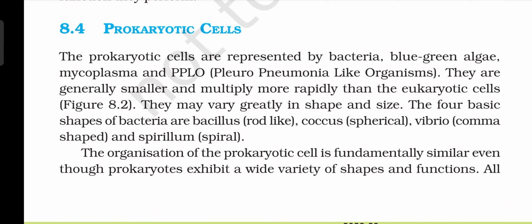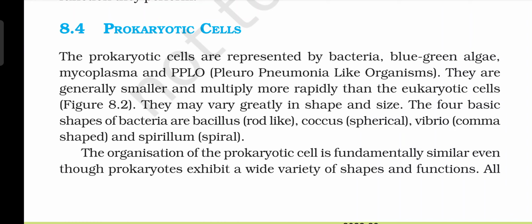Prokaryotic cells. Prokaryotic cells are represented by bacteria, blue-green algae, mycoplasma and PPLO, pleuropneumonia-like organisms. They are generally smaller and multiply more rapidly than the eukaryotic cells. They may vary greatly in shape and size.